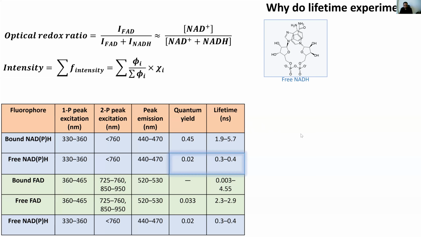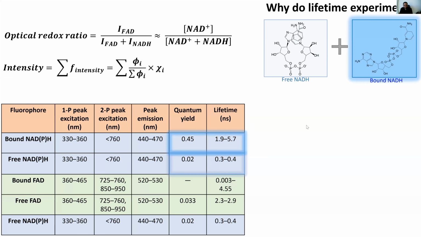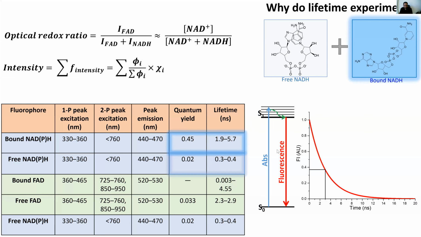So we decided, okay, we will do, it's been decided before, lifetime experiments. And lifetime, after all the talks that Alex and Indico did earlier, I don't have to say much. It's basically the time the molecule spends on average in the excited state, and you can get a decay in the old traditional way, and you can find the lifetime.